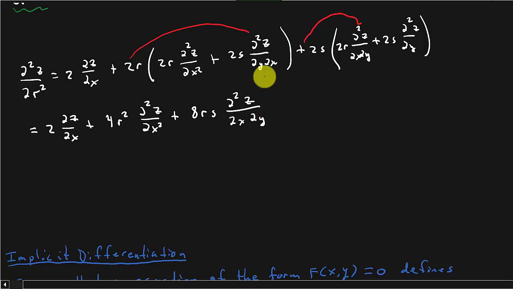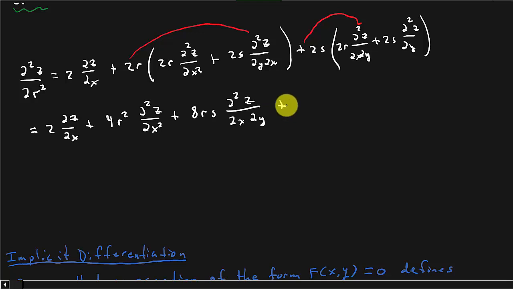If you remember earlier, it doesn't matter what order you do it in. The partial with respect to y and then x is the same thing as with respect to x and then y. So we can just write this one as the partial with respect to x and then y, and then we can combine those two.